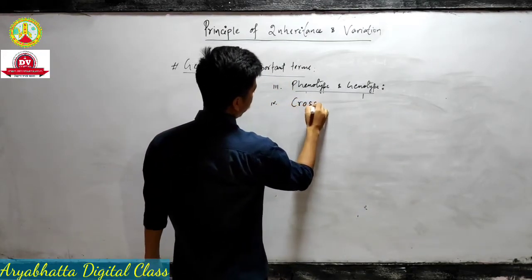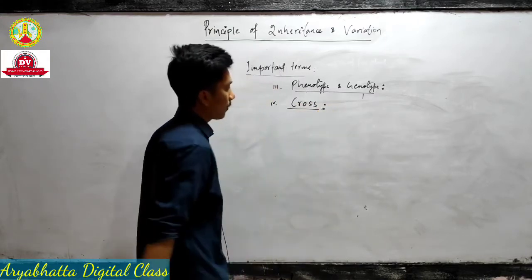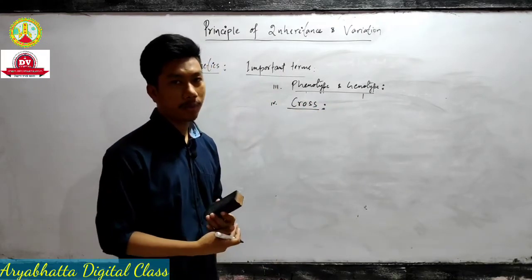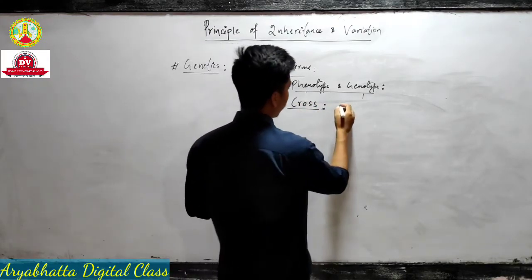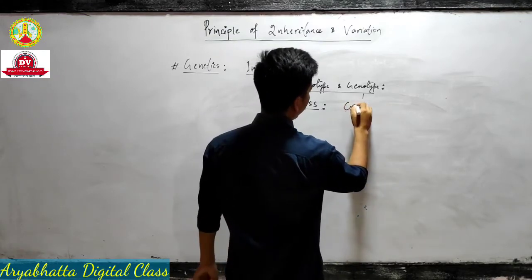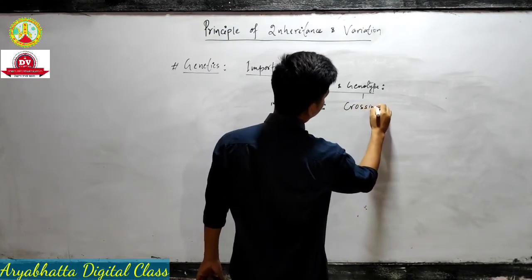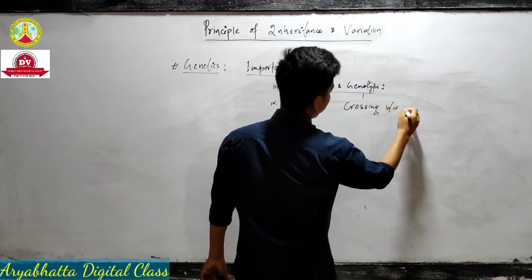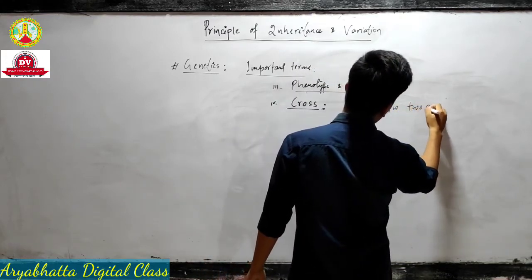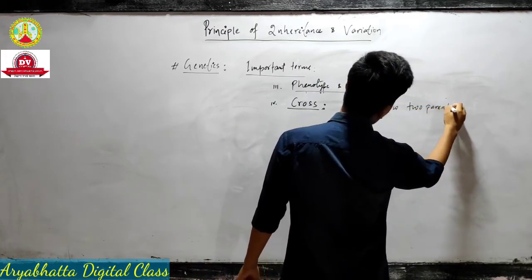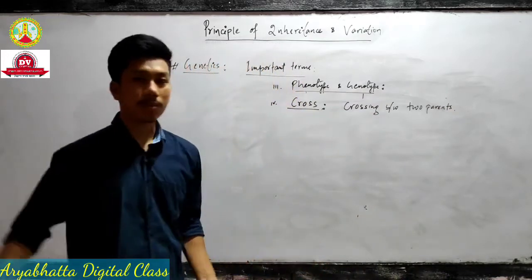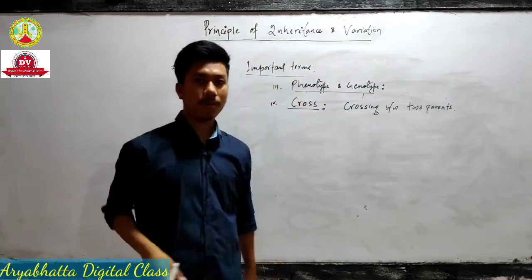So next, cross. A cross is made between two parents. What is crossing? It is a crossing between two parents, and we obtain the resultant.